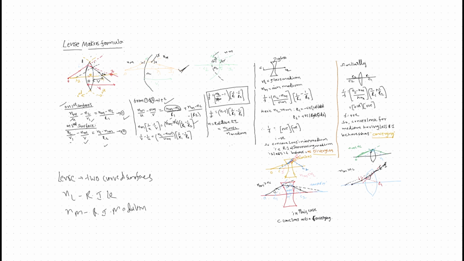This NM I am sending to this side, and here I am writing NL minus NM. To get 1 by V minus 1 by U on this side, I am taking the minus common from the left-hand side. So here also the minus is taken common, giving NL minus NM by NM into 1 by R1 minus 1 by R2. So finally I write it like this: NL by NM minus 1 into 1 by R1 minus 1 by R2.